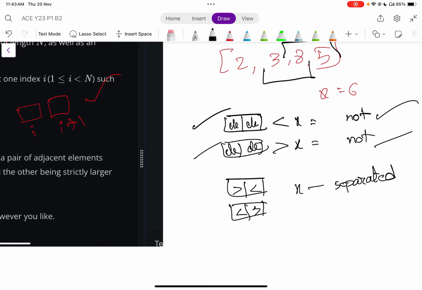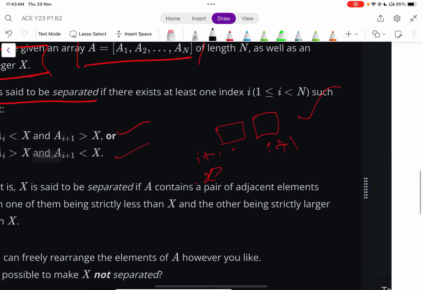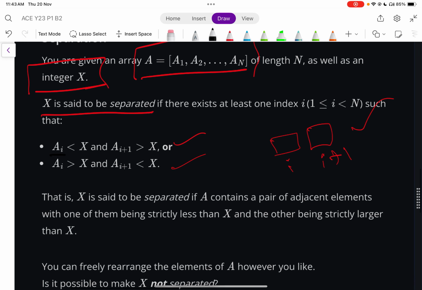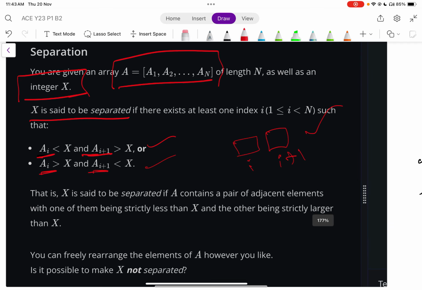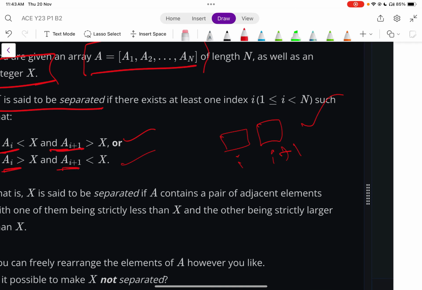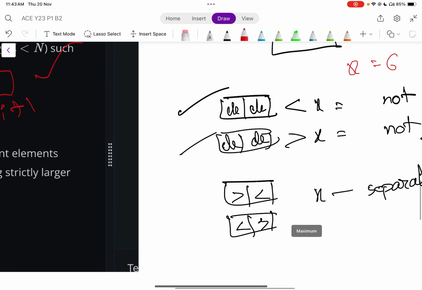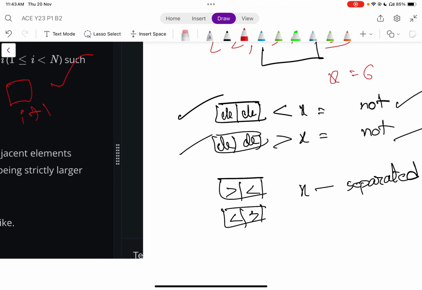Then we can make it not separated. But what if we have this kind of situation? Here, in that condition, they particularly mention that it is separated when two elements are side by side, one greater and one smaller.